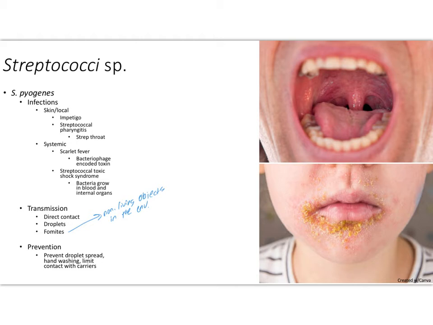In terms of prevention, one of the big things is just preventing droplet spread, making sure people are covering when they're coughing, washing their hands to help limit the amount that might be transmitted from person to person that way. And then in certain situations, it may be important to limit contact with carriers. There are some people that carry this bacteria without any obvious illness or any obvious effects in their body.